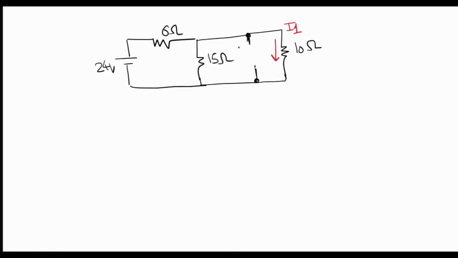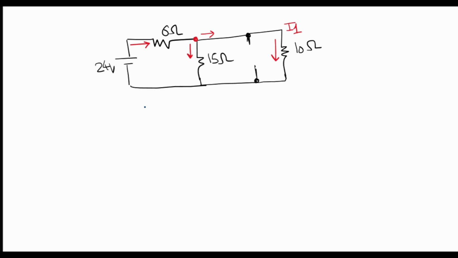Now the quickest way to solve for this current is first to find out the total current supplied by the battery and then apply current division at this point, because this total current from the battery will divide into these two branches. So we'll apply current division here.